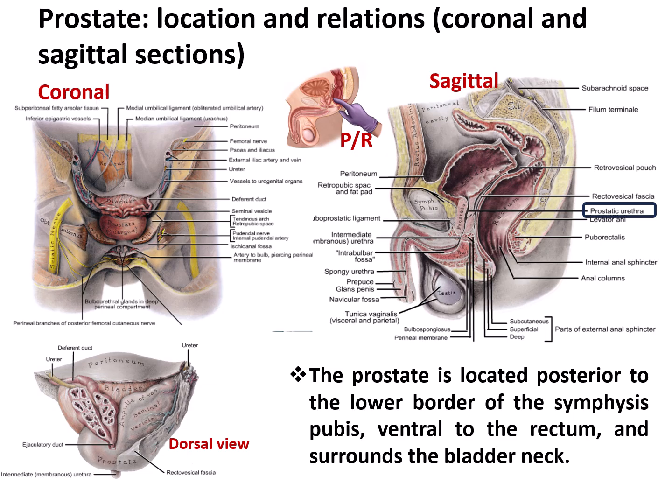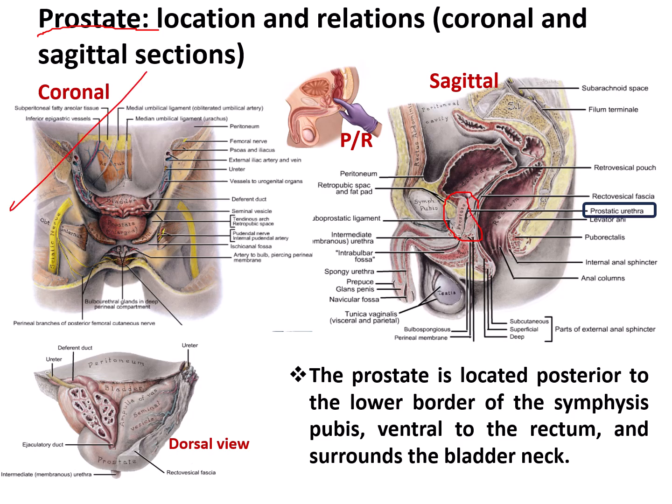Next is the prostate. As you see, the prostate is a retropubic organ, behind the pubic bone. It is ventral to, you see here in this sagittal section. Here is the coronal section.